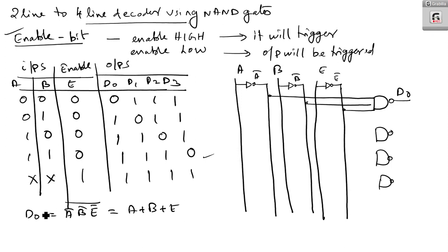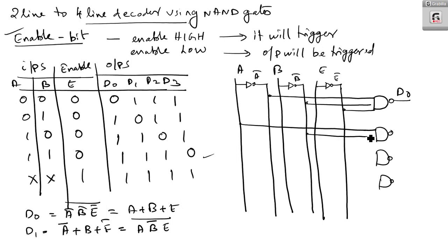Now what is D1? D1 you can write as A or B bar or E. If you are writing it in the other form, you will get A B bar E the whole bar.